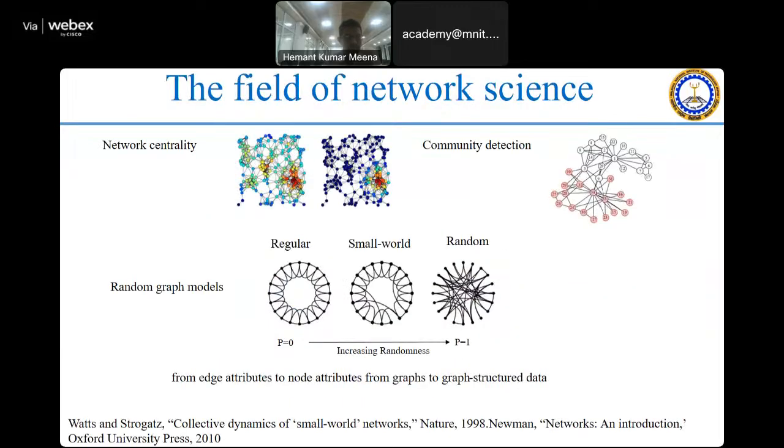Till this part we have covered, then the network centrality, community. So these are different types of networks, where different types of connections are there, which has been emphasized here.